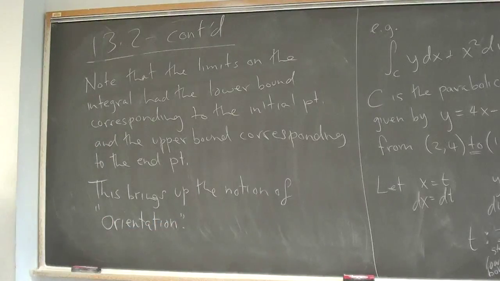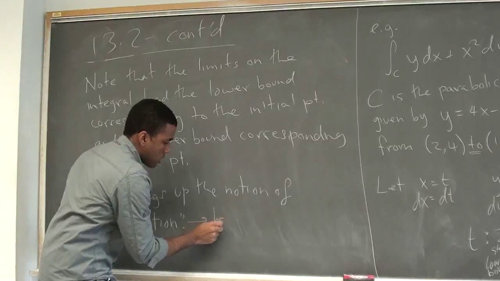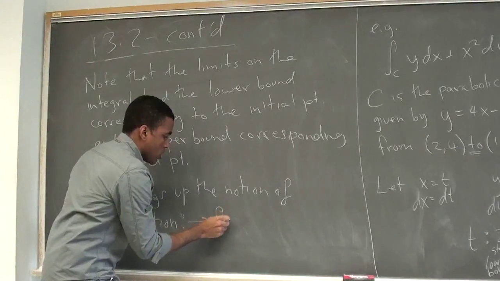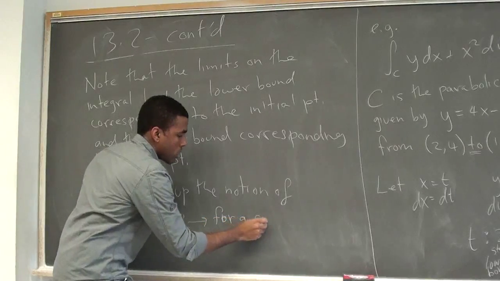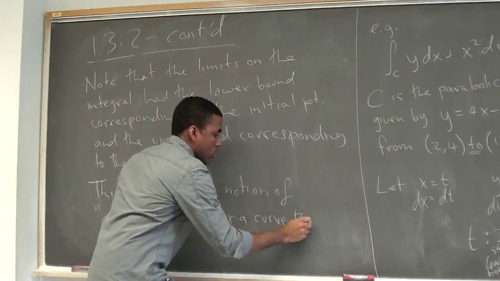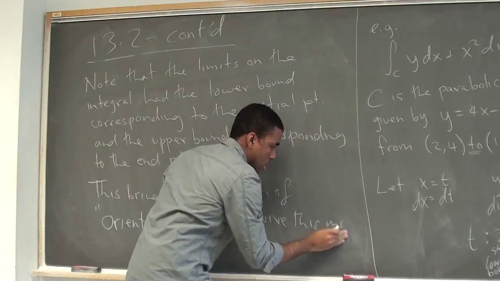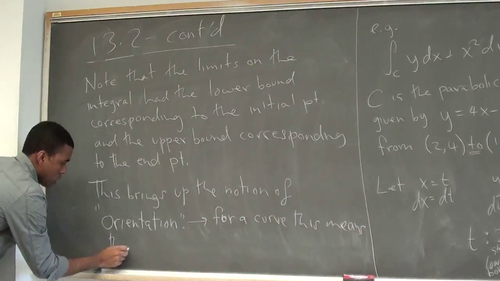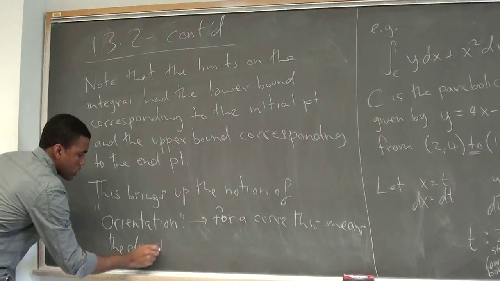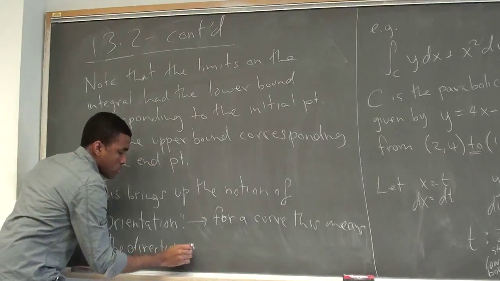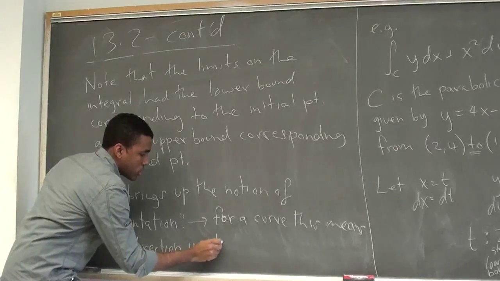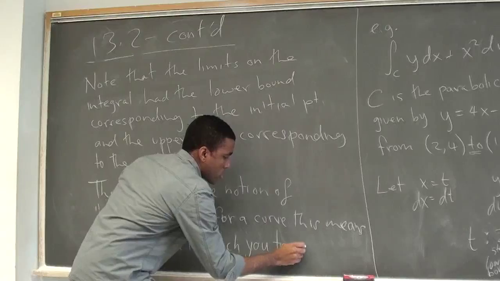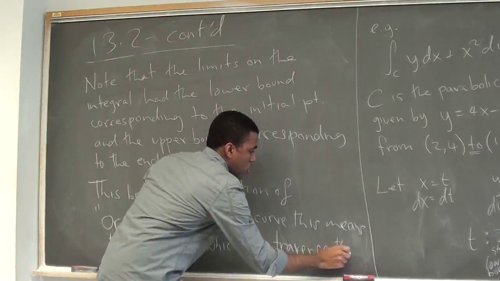Called orientation. For a curve, this means the direction in which you traverse the curve.